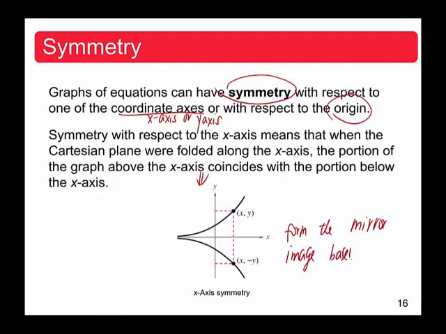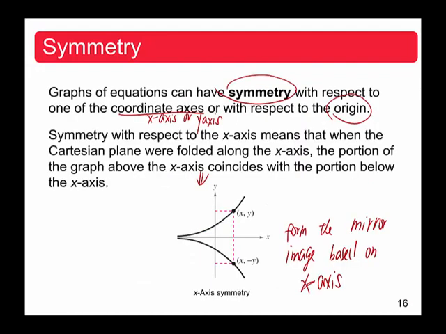And you can also look at it this way: if you fold this graph, you will see the fold based on the x-axis, they will match in the exact same location. Okay. So you can look at it from a different perspective. I think mirror image gives you a better understanding. When you fold it, it becomes a mirror image.